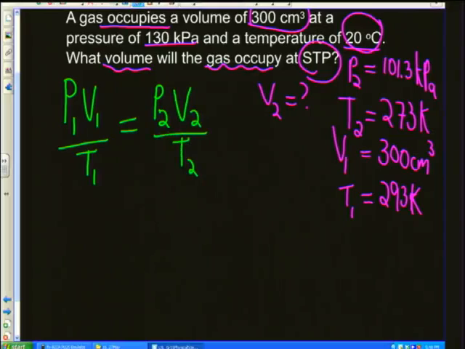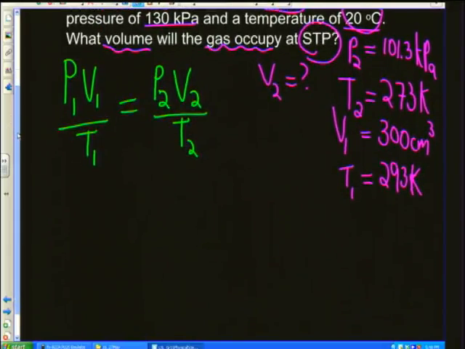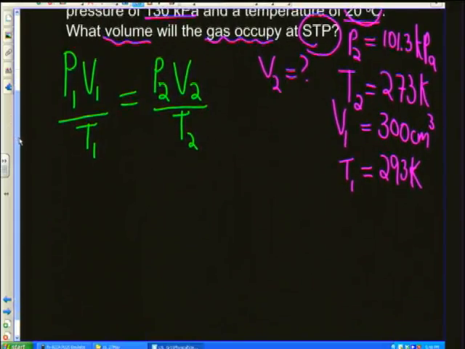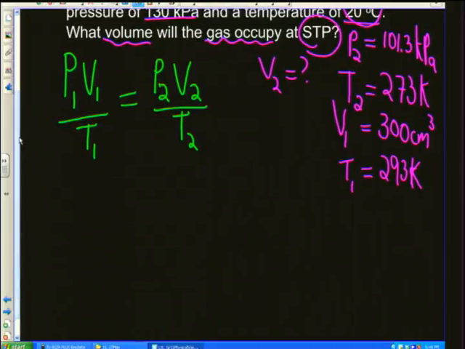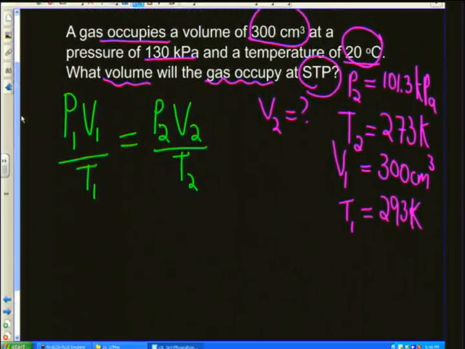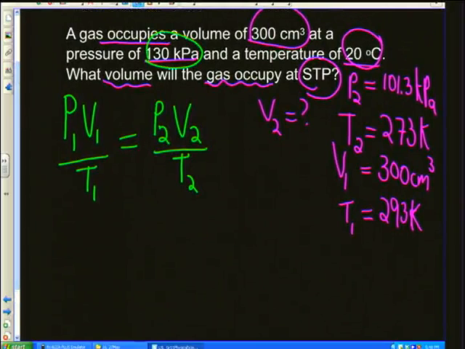Now, what was P1? P1 was 101.3 kilopascals. No, that is standard condition, that should be P2. So what was P1? Let's check here, P1 was 130 kilopascals.